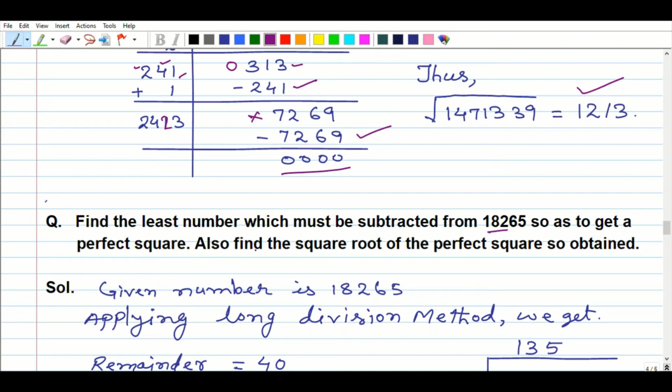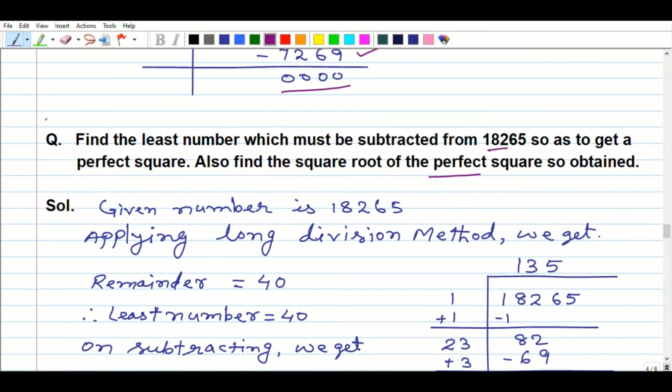Also find the square root of the perfect square so obtained. Many school students get confused by this type of question. So don't worry, you will use the division method to find it.